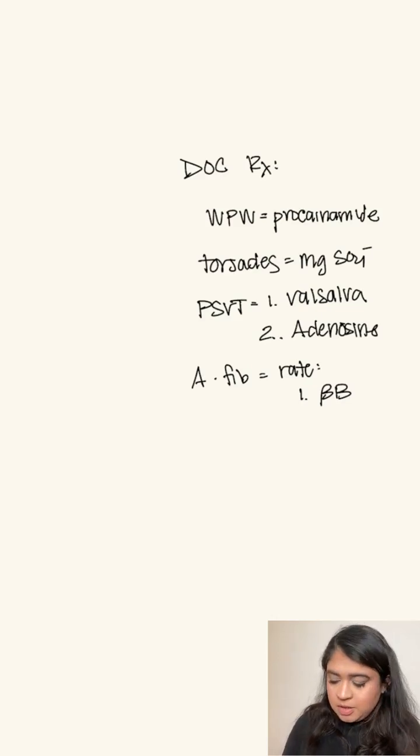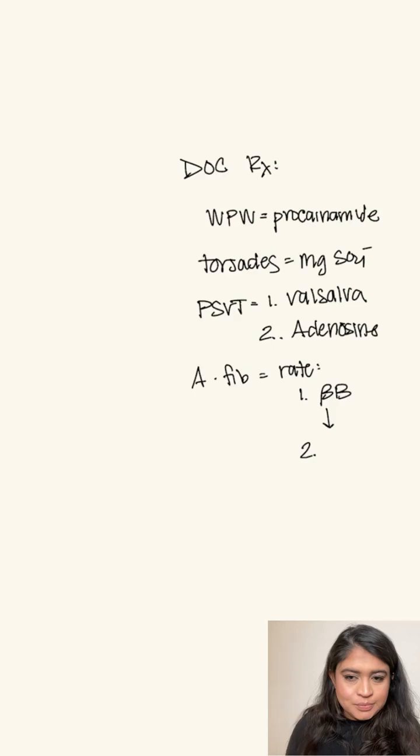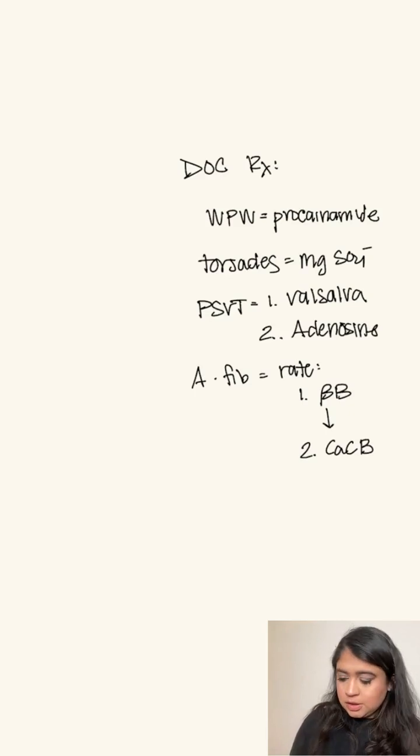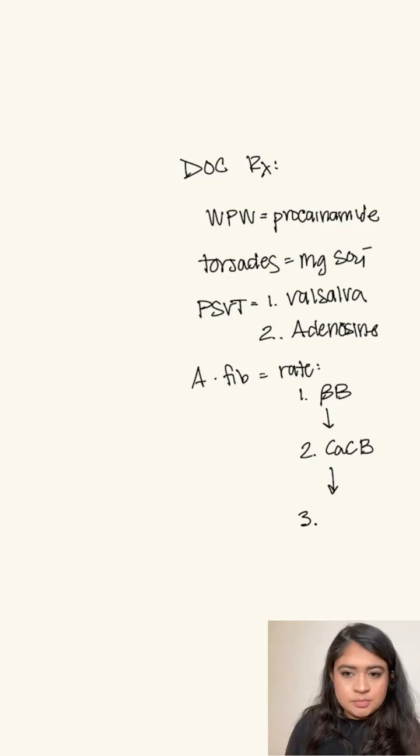Okay, if beta blockers fail, what's second line? What do you add? Nice, then you add calcium channel blockers. Good, the non-dihydro version, perfect. If that fails, what's third line?